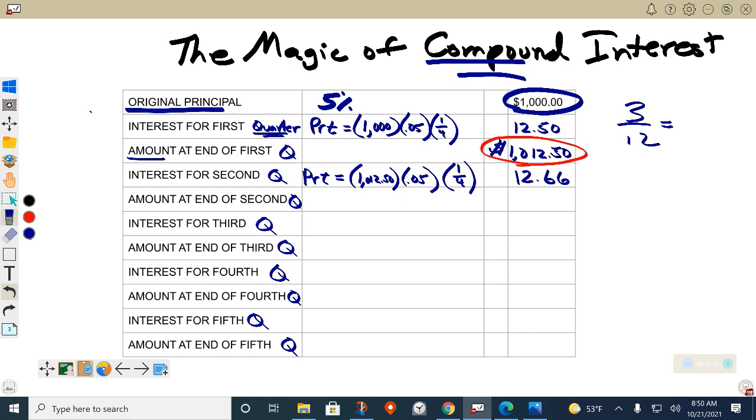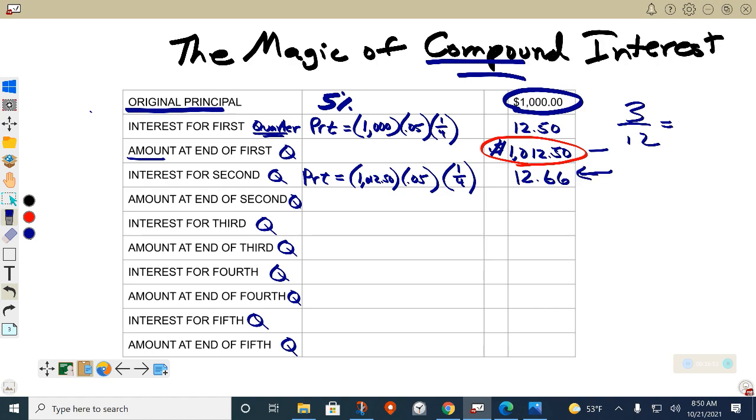So what's the amount at the end of the second quarter now? Well, let me get my calculator out. 1,012.50. So I'm going to add this and add this. The previous balance, the amount that was in the bank at the end of the first quarter, plus now the interest for the second quarter.